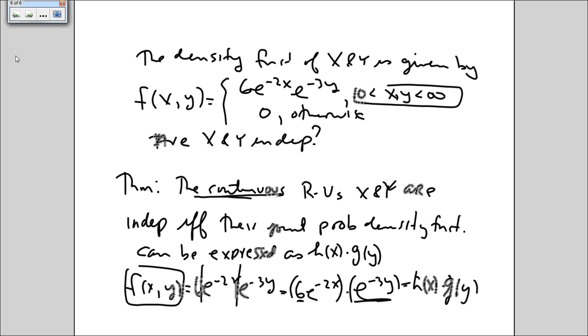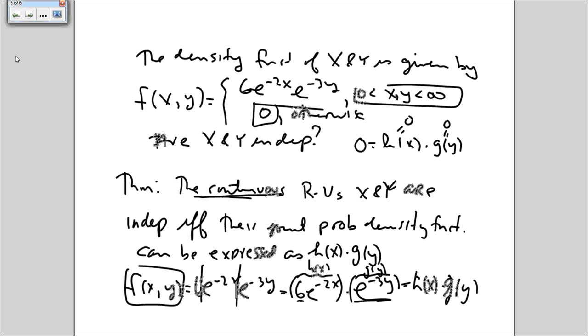Of course, you could have, and also, even 0. 0 is a function of x times a function of y. What's the function of x? 0. What's the function of y? 0. Here, that's the function of x, and that's the function of y.